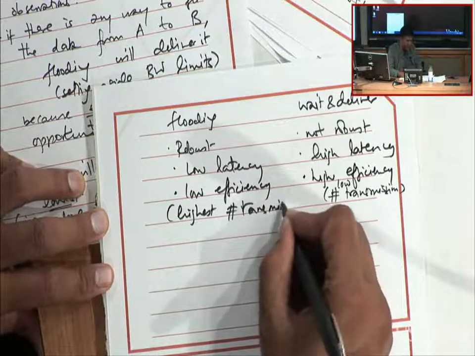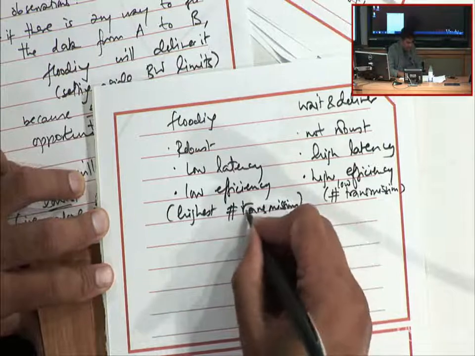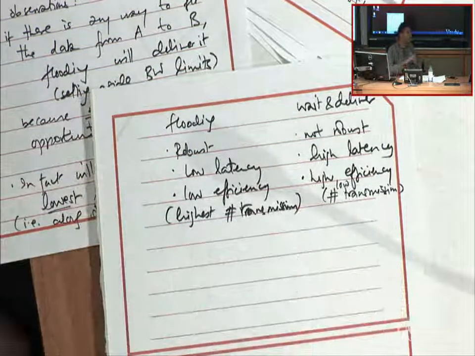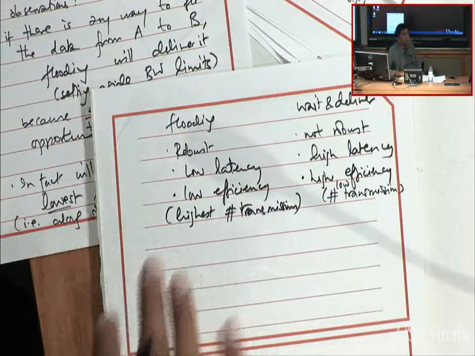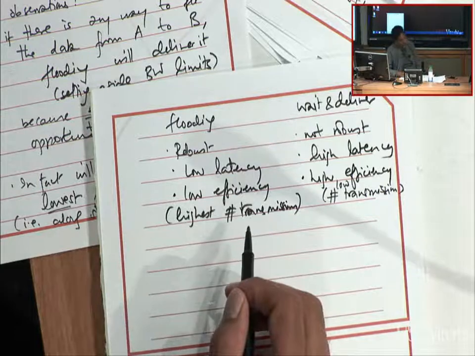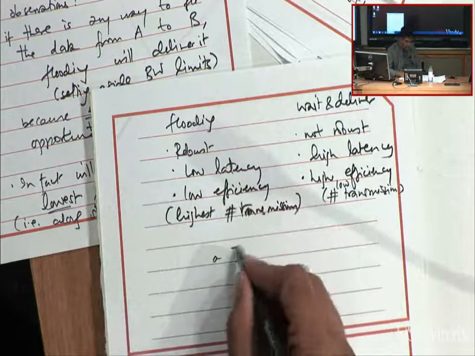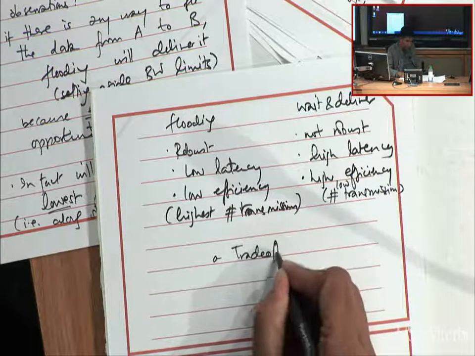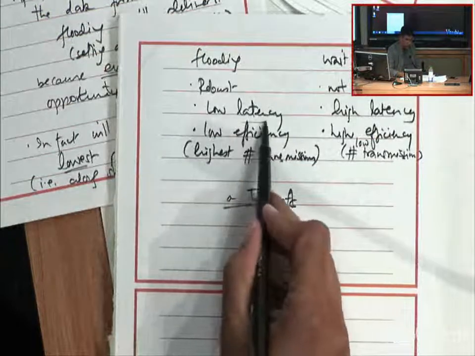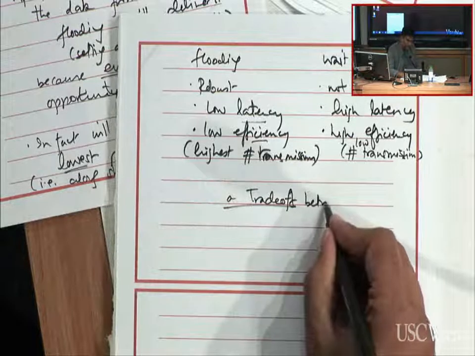Because every node in the network is going to get the message, and every time it meets any other node, it's going to copy a message. So every possible transmission opportunity being exploited, on the one hand, is good for latency, on the other hand, it's bad for efficiency. So this is sort of a trade-off, right? Between latency and efficiency.